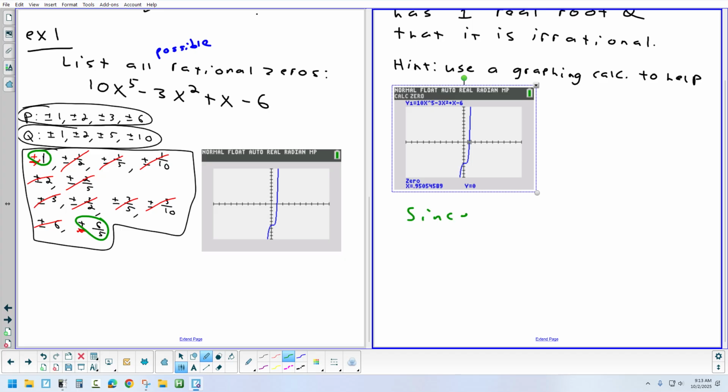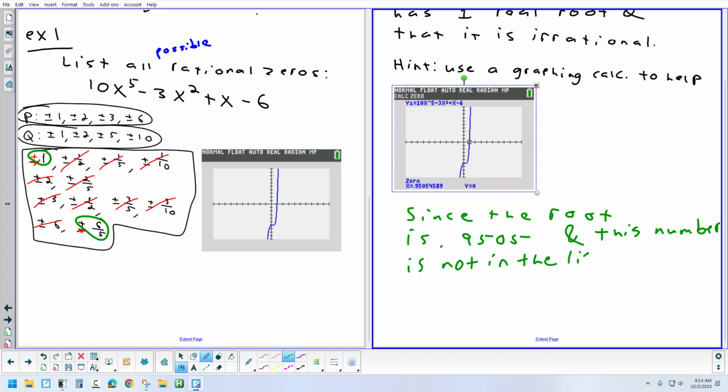So since the root is about 0.9505, that's not exact. And this number is not in the list of rational options.